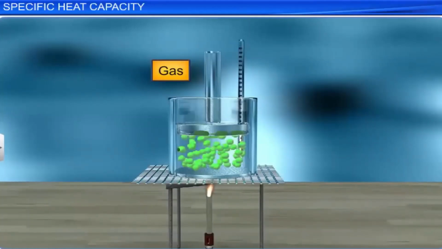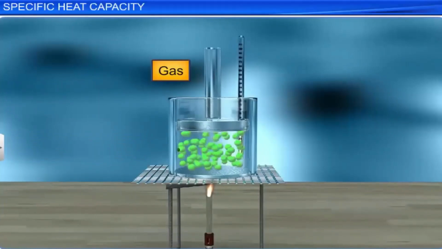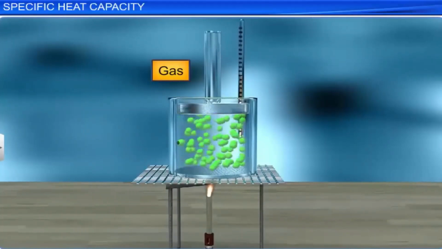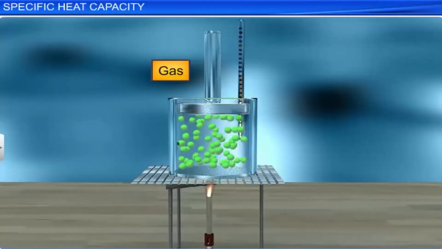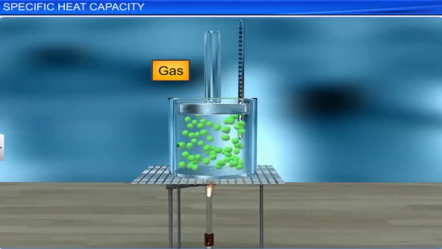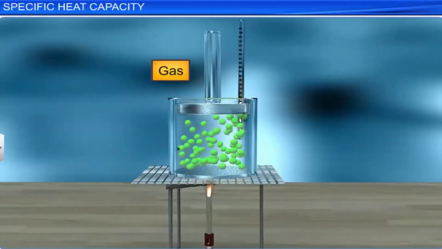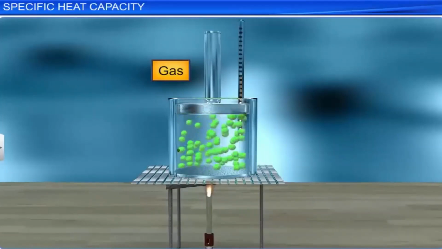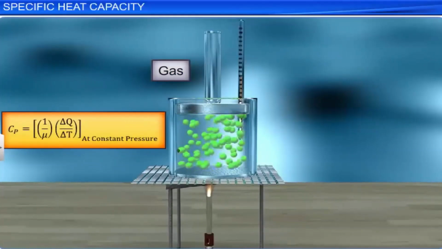If we heat a gas by keeping its pressure constant, then the heat delta Q required to raise the temperature of 1 mole of gas by 1 unit is called its molar specific heat capacity at constant pressure and is denoted by Cp. Cp is equal to 1 by mu into delta Q by delta T at constant pressure.